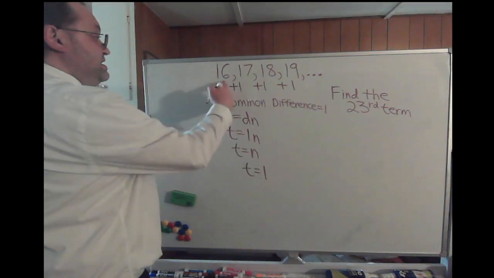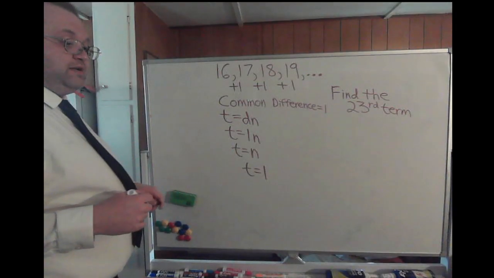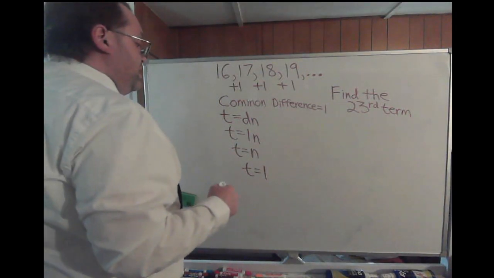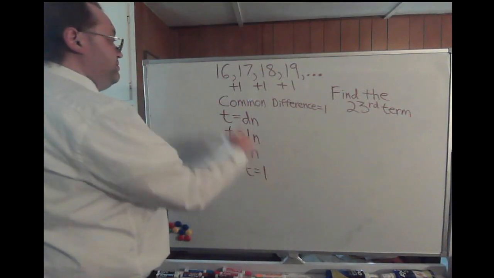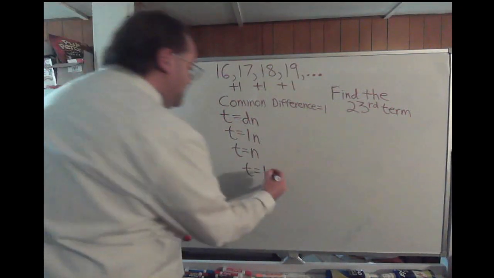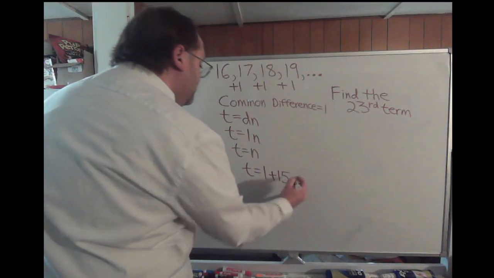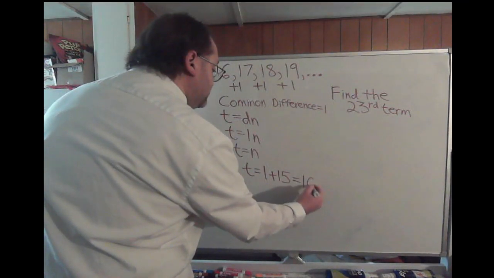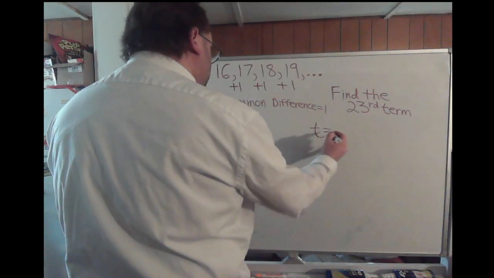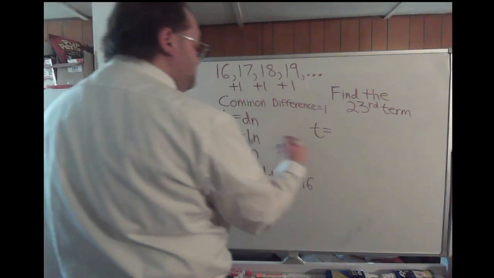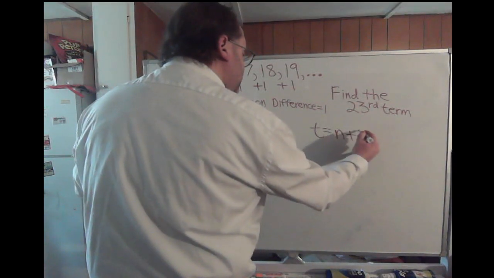But to get from 1 to 16, because your first term is really 16, you figure out how much of a difference it is from 1 to 16. It's 15 more. So you would add 15. Thus giving you your first term is 16. So to find your term, it's going to be that common difference times n, which is 1 times n, or just simply n, plus 15.